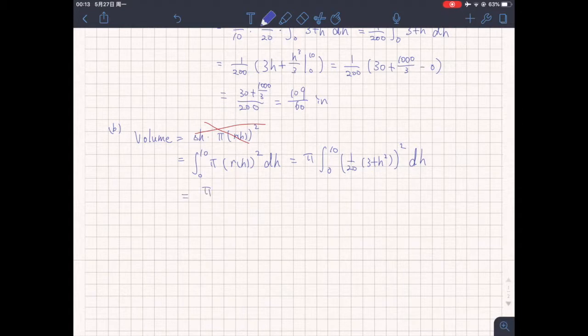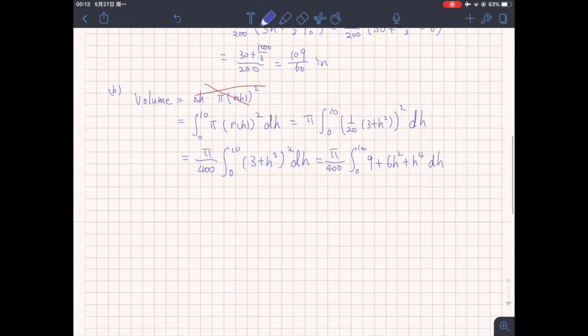Our next step is to pull out another constant, which is 1 over 20 squared. Then we get pi over 400 outside of the integral. And then we expand the expression in the parentheses to make the integral simple.